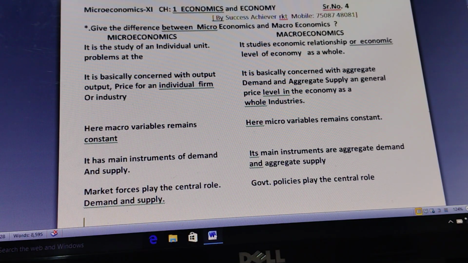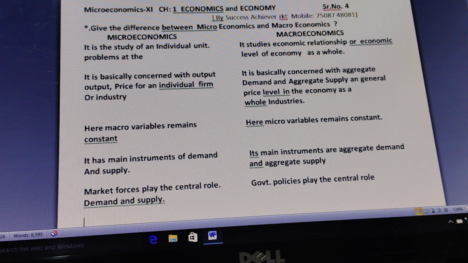Microeconomics is basically concerned with output and price for an individual firm or industry. Macroeconomics is basically concerned with aggregate demand, aggregate supply, and the general price level in the economy as a whole.